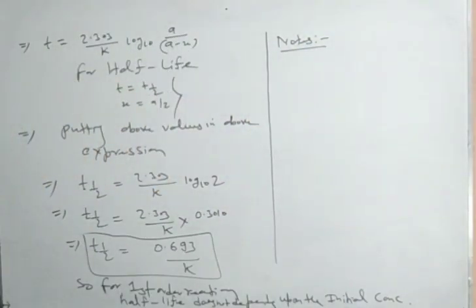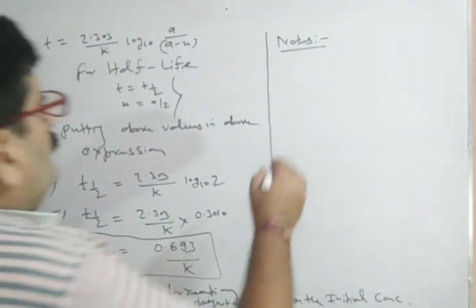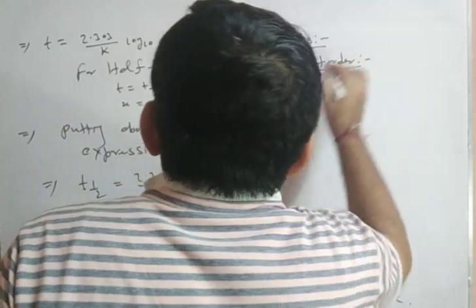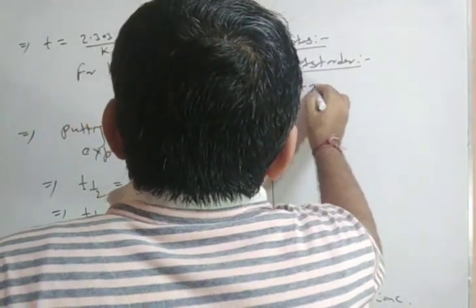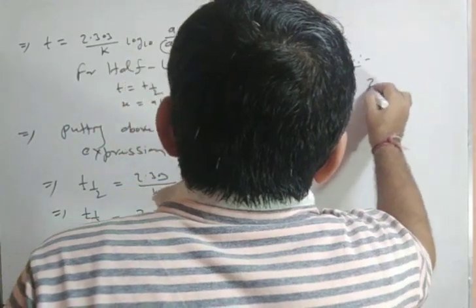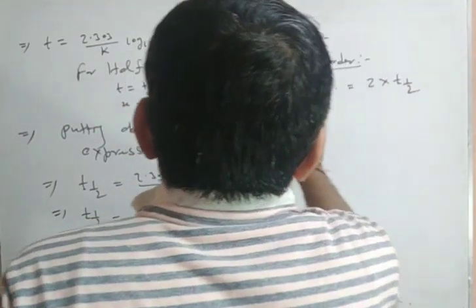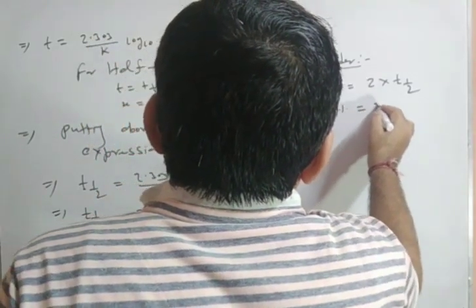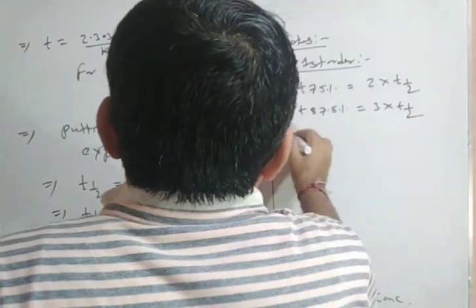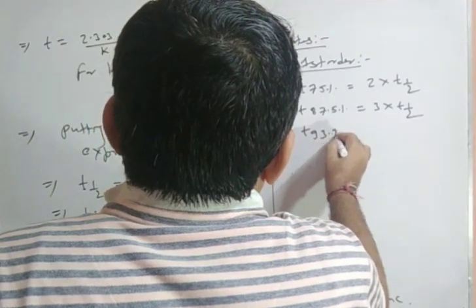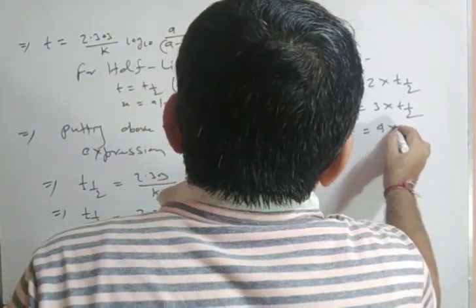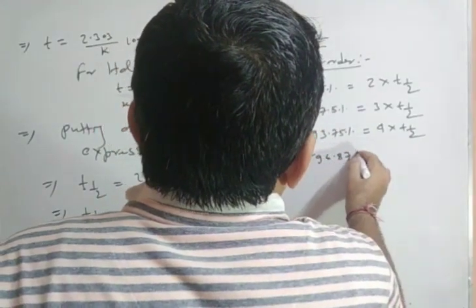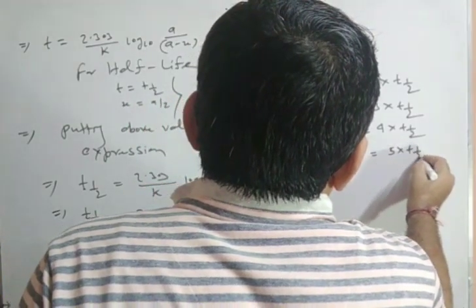Note: for first order, t 75% is always equal to 2 times t half. t 87.5% is always equal to 3 times t half. t 93.75% is always equal to 4 times t half. t 96.87% is always equal to 5 times t half.